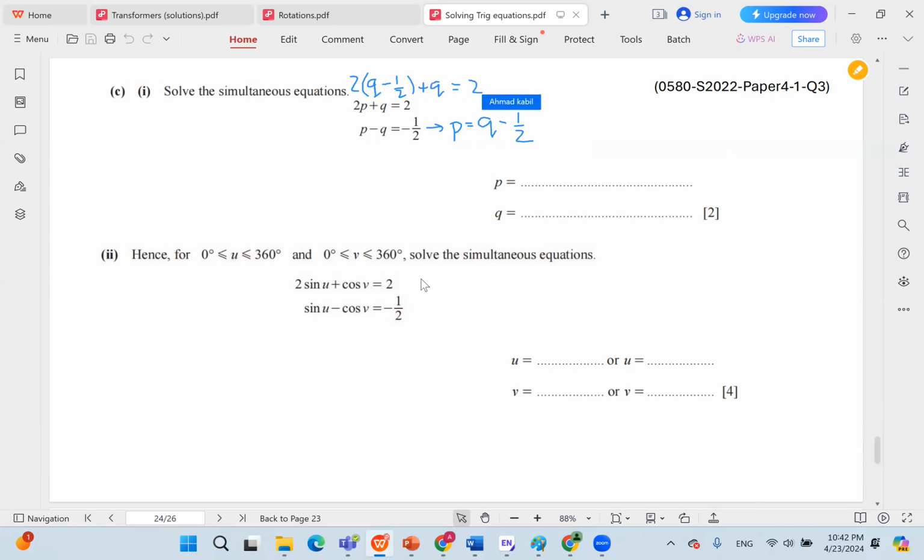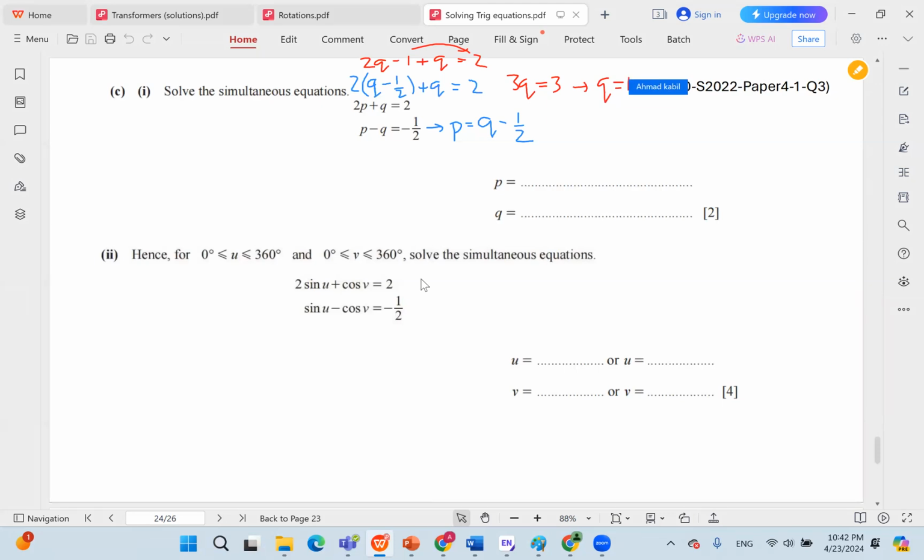And we are going to expand. So 2q minus 1 plus q equals 2. We take the 1 to the other side, -1 becomes +1, so this is equal to 3. 2q plus q is 3q. So 3q equals 3. Divide by 3, you get q equals 1.